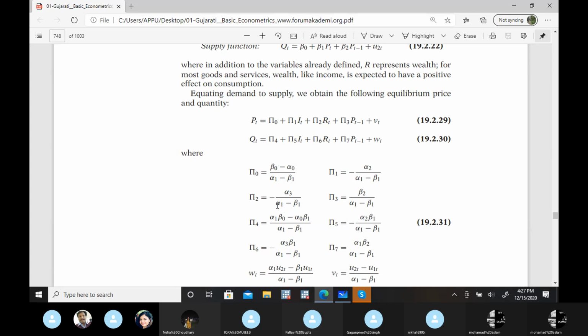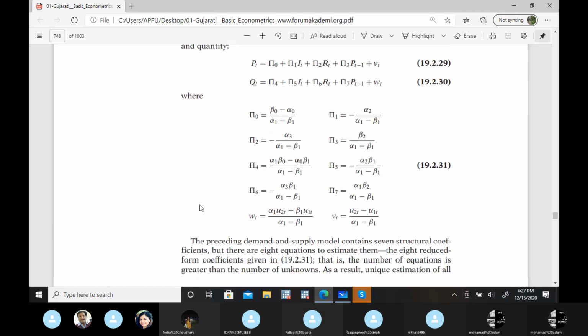If you get all unique values, then that's the case of exact identification. If the number of equations is less than the number of parameters that we need, that's the case of under identification. And if it's more than that, that's the case of over identification.